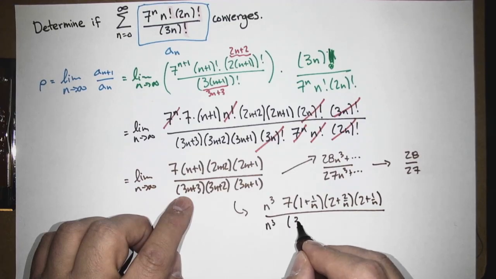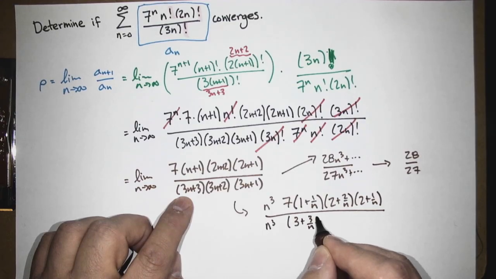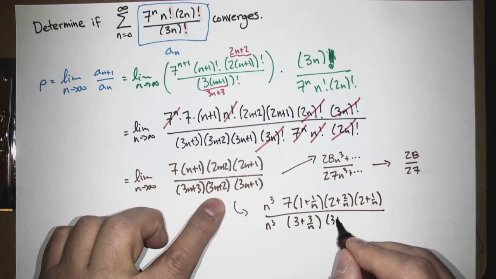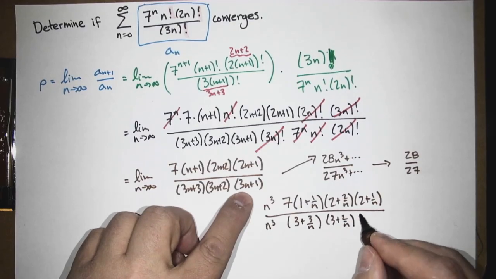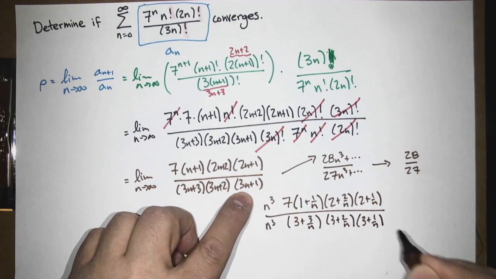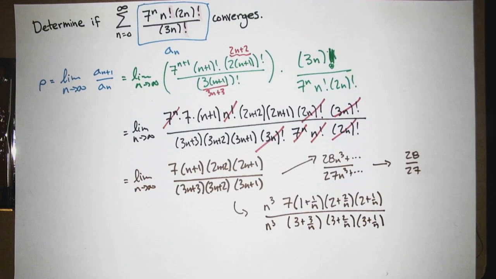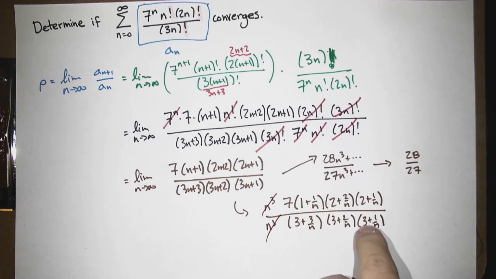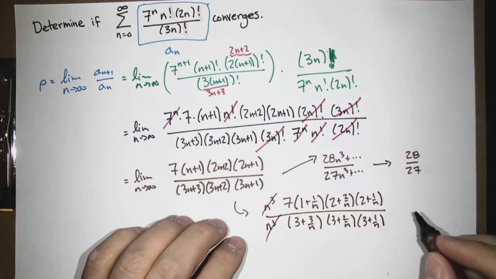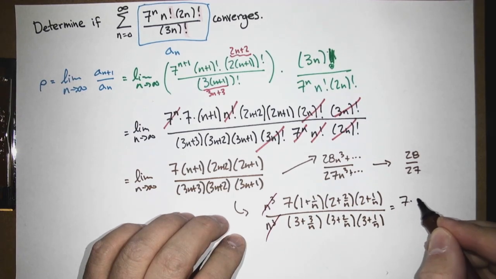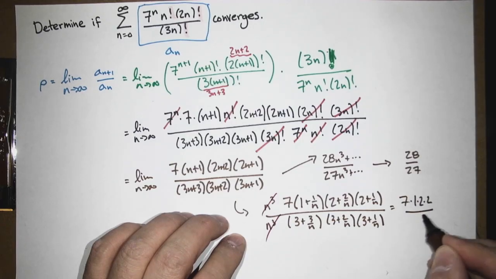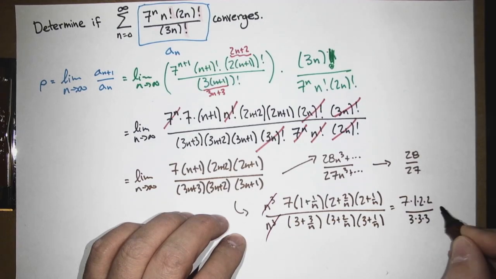Then I'll have 3 plus 3 over n, 3 plus 2 over n, and then 3 plus 1 over n. And the n cubes cancel. And now just take the limit. Essentially, everything with this 1 over n goes away. So we get 7 times 1 times 2 times 2 over 3 times 3 times 3, which is 28 over 27.